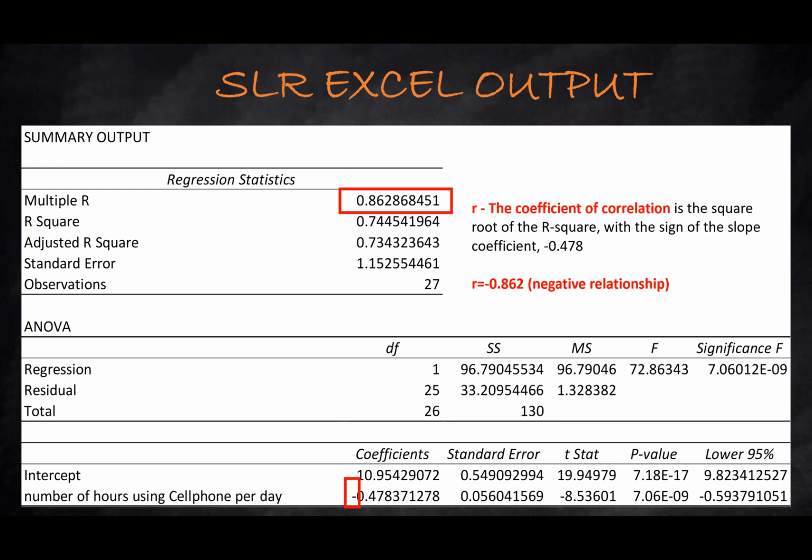In order to understand the real sign of the coefficient of correlation, you need to look at the coefficient of the slope of the line. In our case, we have a negative relationship. You can see the negative sign. So the coefficient of correlation in this example is negative 0.862 because we have a negative relationship between x and y.